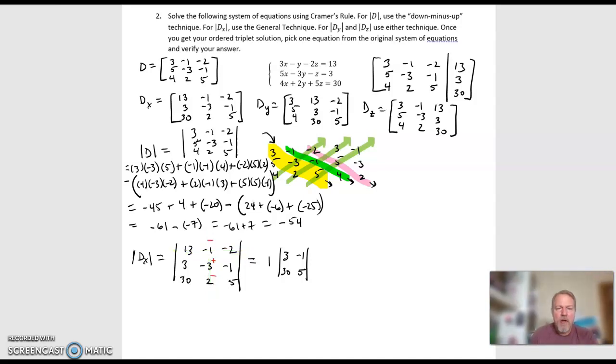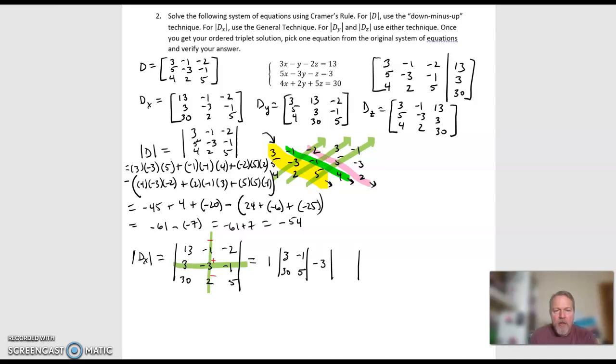Let me erase these cover-ups. And next I look at the next number in this column. It's a positive negative 3. A plus or minus stays minus. So I write down a minus 3, or a negative 3. And I'm taking the determinant of the matrix that's found by covering up the column that the negative 3 is in and the row that the negative 3 is in.